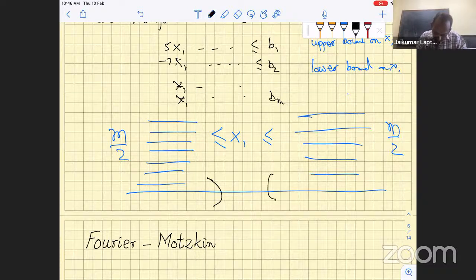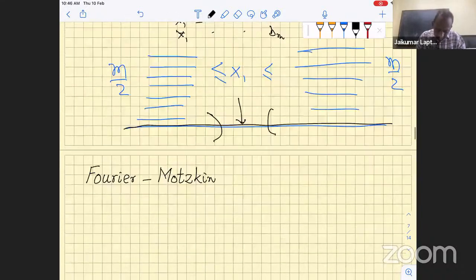And there will be a space for x1 here. Okay. Is this clear? Same as Gaussian elimination. After you have eliminated x1, if you have found the solution for the remaining system of equations, take that solution and substitute in the first equation to extract the value for x1. Similar thing we are doing.